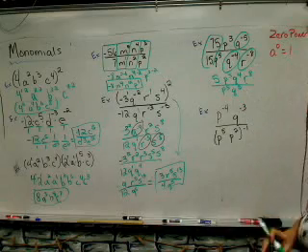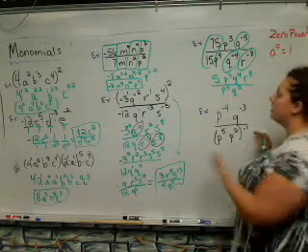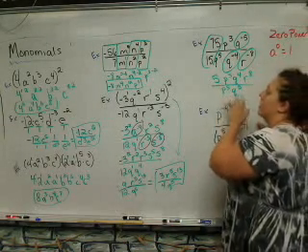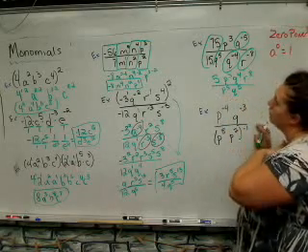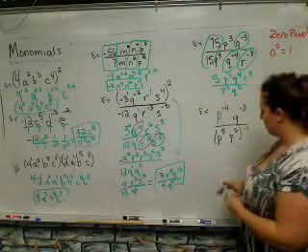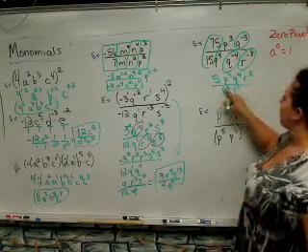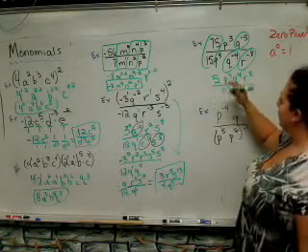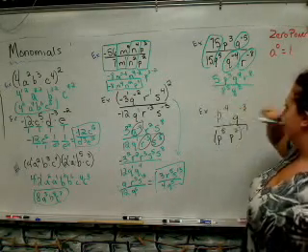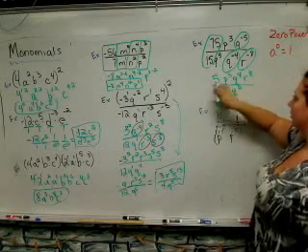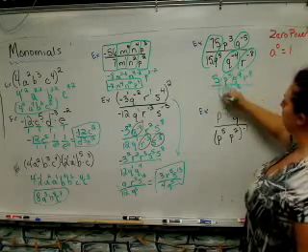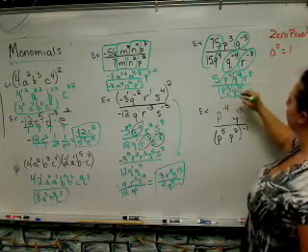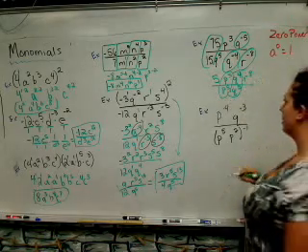Okay, am I simplified? No, because I still have things with like bases, right? So we're going to have to do our quotient rule. All right, so this is going to be a unique thing. Right here, nothing goes to my 5. I'm going to leave it be because there's no other coefficients. My p to the third and fifth, my q to the 4 and fifth, and then my r just stays the same.